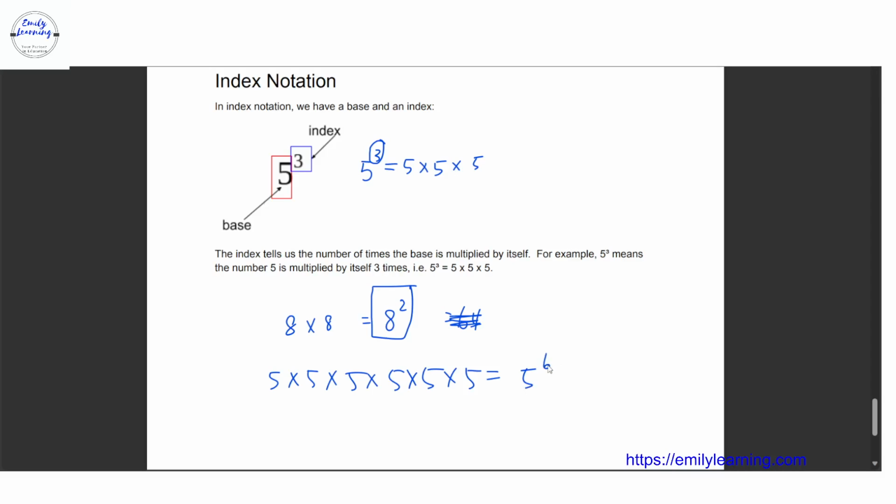So 5 is multiplied by itself 6 times. Therefore, this is equivalent to 5 to the power of 6. And when we write this in the form of 5 to the power of 6, we call this index notation, because you have an index here.